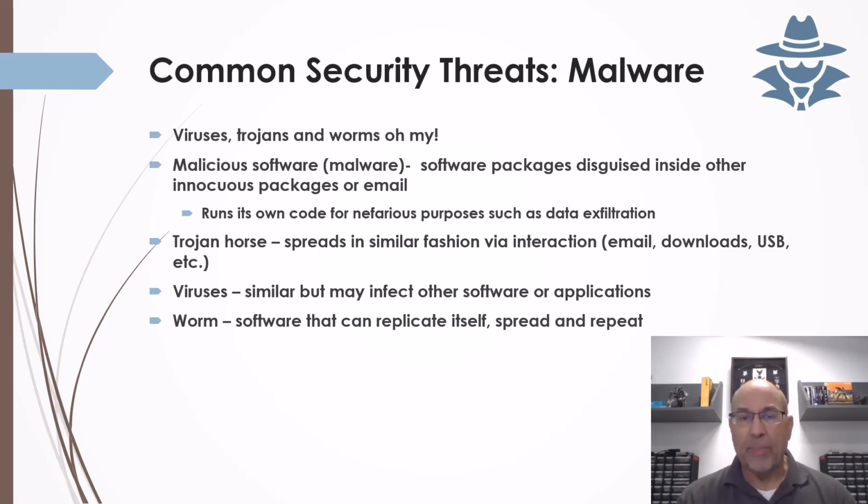Now, on this topic, there are a bunch of different kinds of programs. One is a Trojan horse. The Trojan horse is exactly what it sounds like, right? It appears to be something else, but you bring this inside the walls, you install this software, and you get something that you weren't expecting.